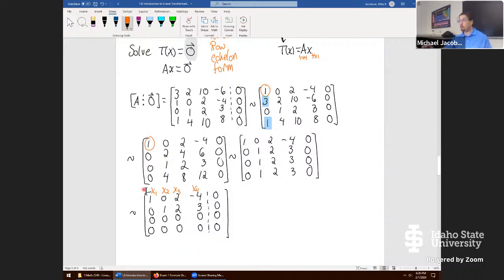X1 is a pivot column, or X1 corresponds to a pivot column. Next one is X2, which corresponds to a pivot column. But that means X3, X4, those are the free variables. When we go to write out parametric vector form, it's going to be X3 times a column vector, and then X4 times another column vector. So that's where our expectation is so far.